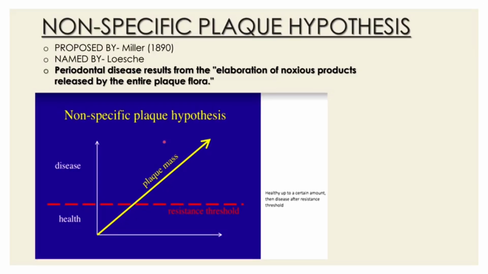You can see this graph. An increase in plaque mass shifts the plaque flora from healthy to diseased. You can see there is a threshold level: healthy up to a certain amount, and then disease after the resistance threshold. Once the body's immunity is broken down by bacteria in plaque, disease occurs.